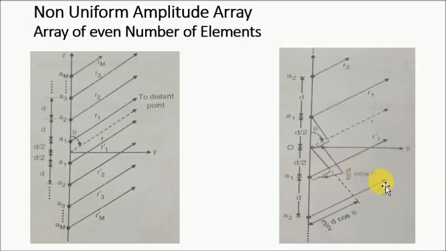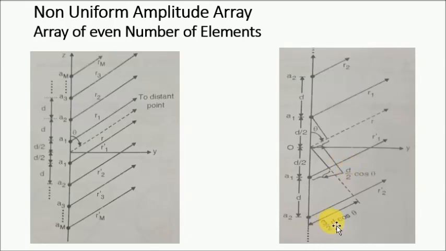Here it is 3 by 2 d cos theta, and likewise this will progress, because from the origin we have to draw the line at the same angle theta. If you take this angle theta and draw like that, then in the first case it is d by 2, in the second case it is 3d by 2.